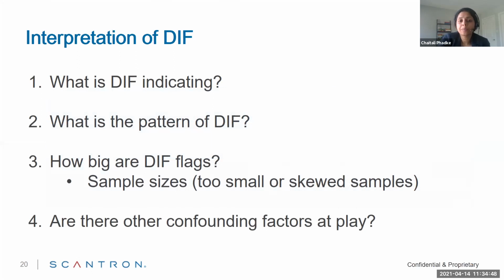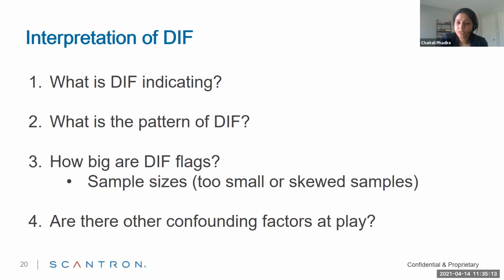Like all stats, interpreting the numbers associated with DIF also involves digging deeper in understanding what the numbers are telling us. So when we note DIF flags for a particular item, it tells us, yes, there are differences in different subgroups, but we also need to look at what is the pattern of the DIF, what are the differences telling us. A set of critical parameters to look at is also sample sizes.